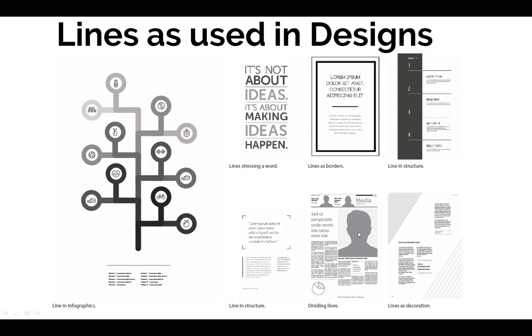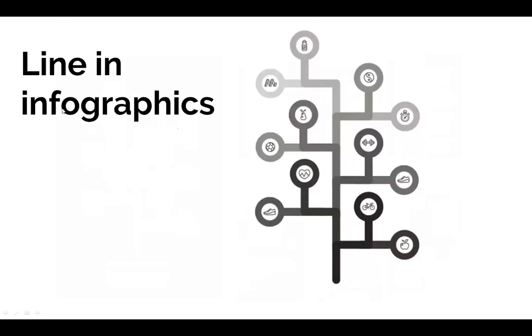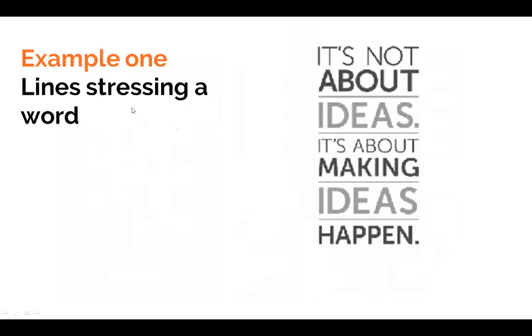But let me just continue. Like a line in an infographic, you can see how different lines are used here. So line is used in the infographic. Then lines stressing a word. Whenever you look at where these lines are placed, there's a way it attracts your eyes to look at the information which is in between those lines.